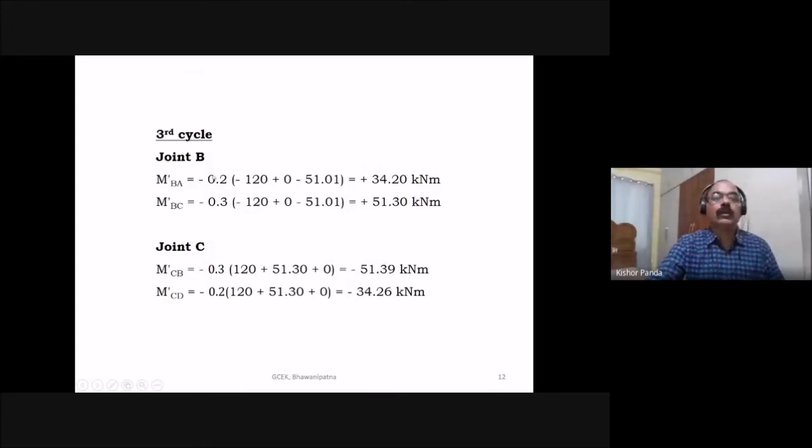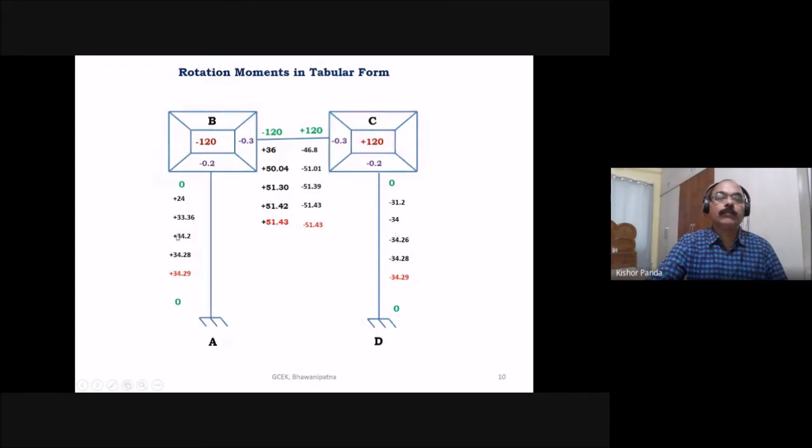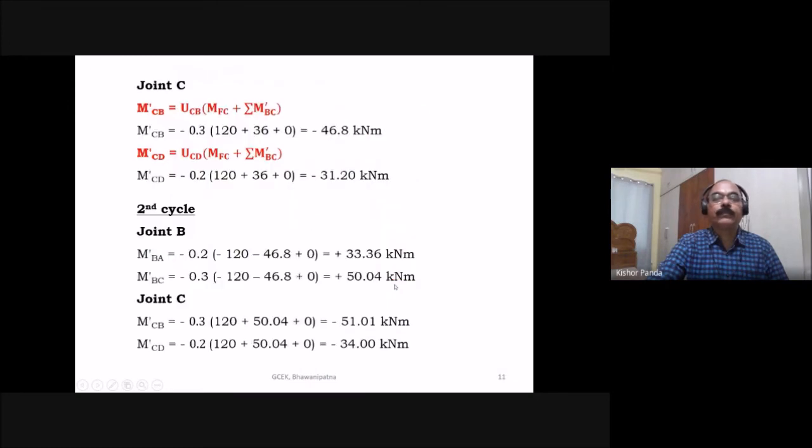In the third cycle, joint B, M dash BA is equal to minus 0.2 into minus 120 plus 0 minus 51.01, which is equal to 34.20 kilonewton meter, and M dash BC is equal to minus 0.3 into minus 120 plus 0 minus 51.01, which is equal to plus 51.30 kilonewton meter. Just put here 34.2 and plus 51.3, and go to joint C and find out M dash CB and M dash CD.